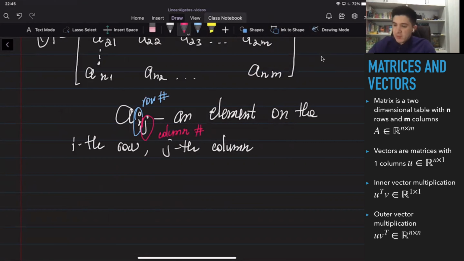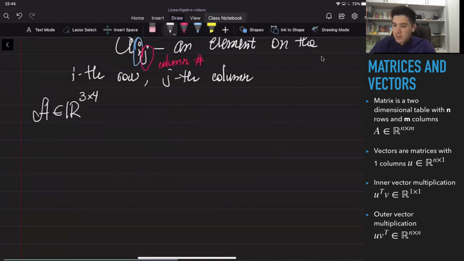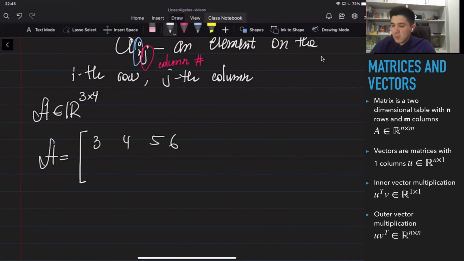If I write down a matrix, let's say A is a 3 by 4 matrix, it should have 3 rows and 4 columns: 3, 4, 5, 6, 1, 2, 3, 4, 5, 6, 7, 8. So it has 4 columns and 3 rows.